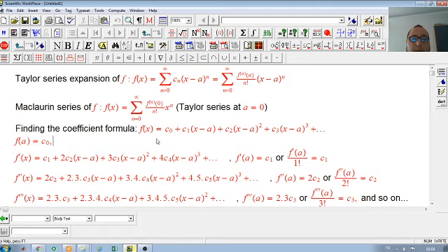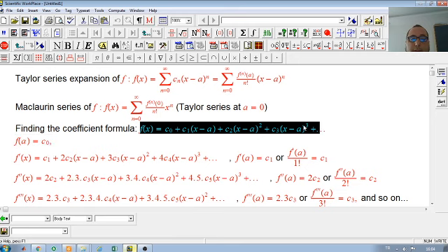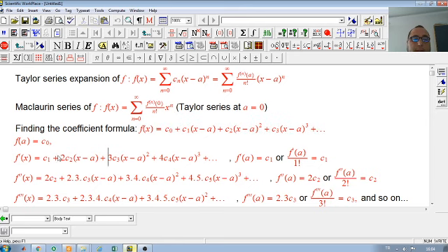And to find c1, we take the derivative of the equality written here, which is the explicit expression for the Taylor series expansion of the function f. If you take the first derivative of f, the derivative of the constant is 0, the derivative of the second term is c1, the derivative of the third term is 2 times c2, because we have the number 2 for the power of x minus a, and its derivative becomes 2 times x minus a.